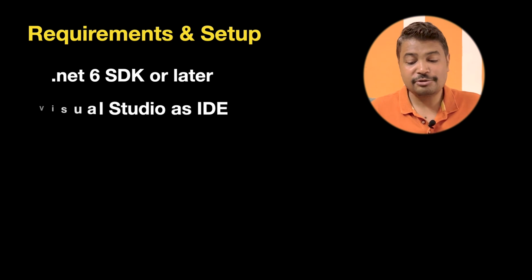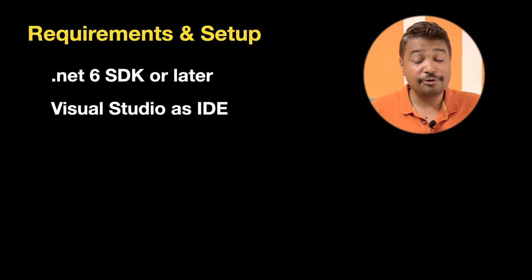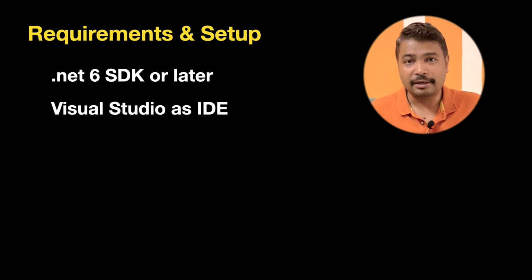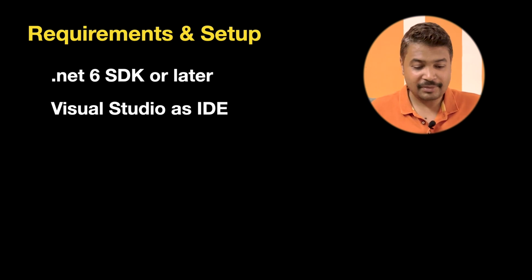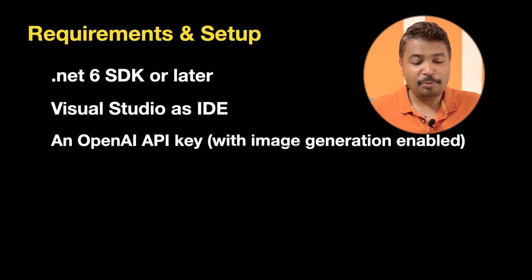Second, of course, you need a Visual Studio IDE. I will be using the 2022 version. You can use a later one also. You can try other versions as well, but Visual Studio IDE is really recommended. Next, we need an OpenAI API key, and the API you get should be image generation enabled.